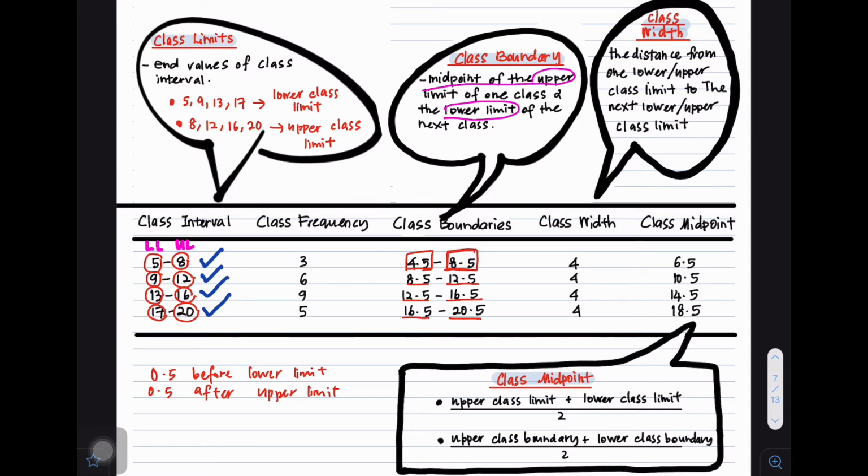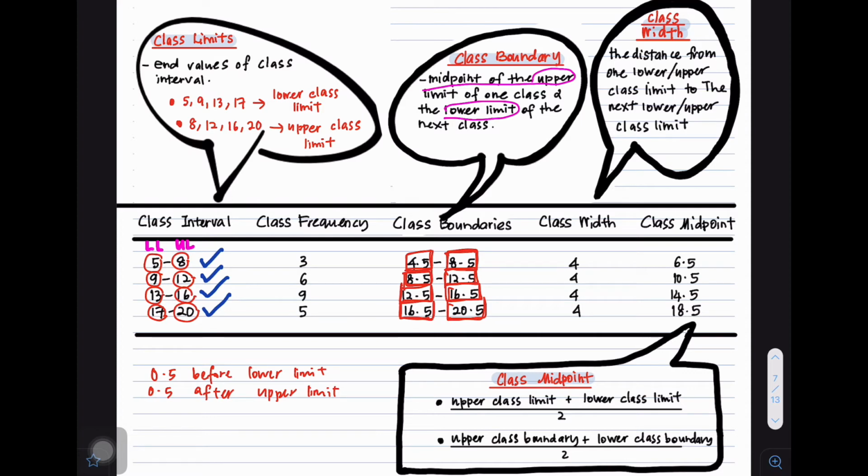For each class, you will have the lower class boundary and the upper class boundary. This one is the lower class boundary for the second class, and this one is the upper class boundary for the second class. This one is the lower class boundary for the third class, and this one is the upper class boundary for the third class. And this one is the lower class boundary for the last class, and this one is the upper class boundary for the last class. So that one is class boundary.